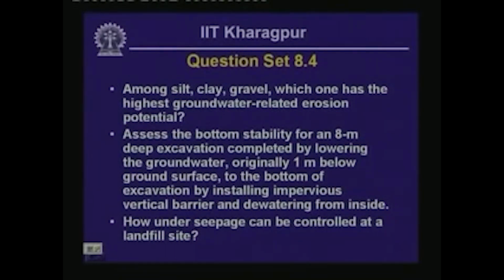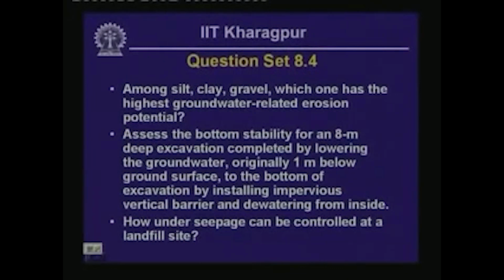As I indicated in the previous lesson, the soils that are relatively light, as well as ones that do not have any tendency of sticking together, or cohesive, are most susceptible to erosion. So the soils that are non-cohesive and comprising of very fine grains exhibit the highest susceptibility of getting eroded by moving groundwater.